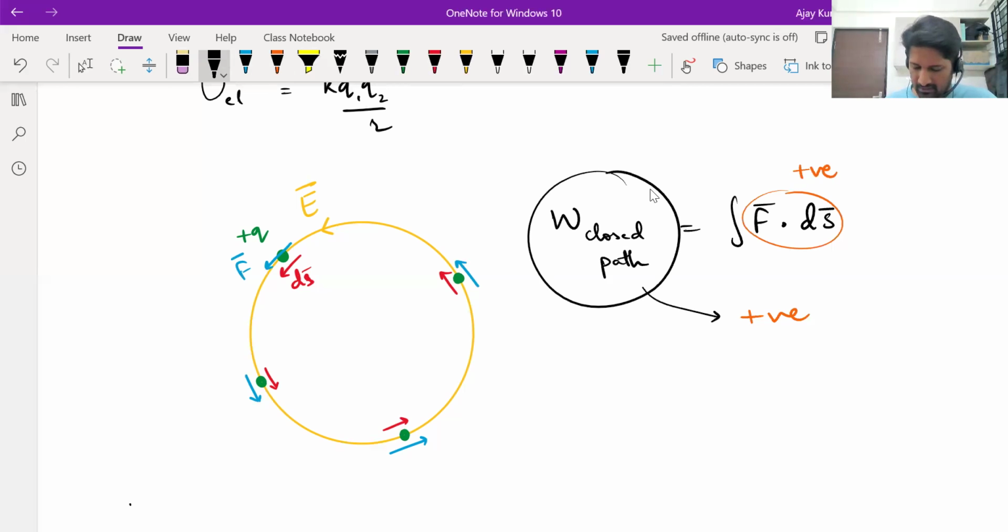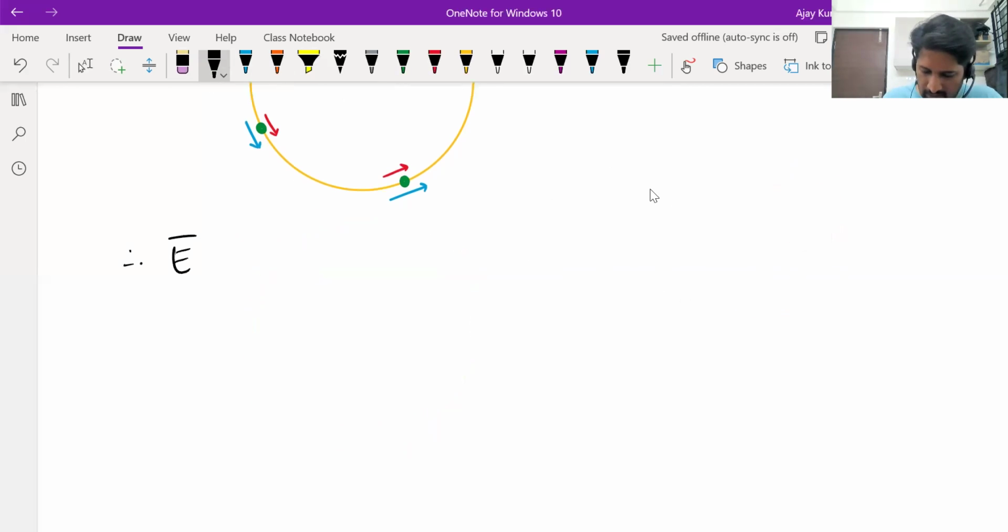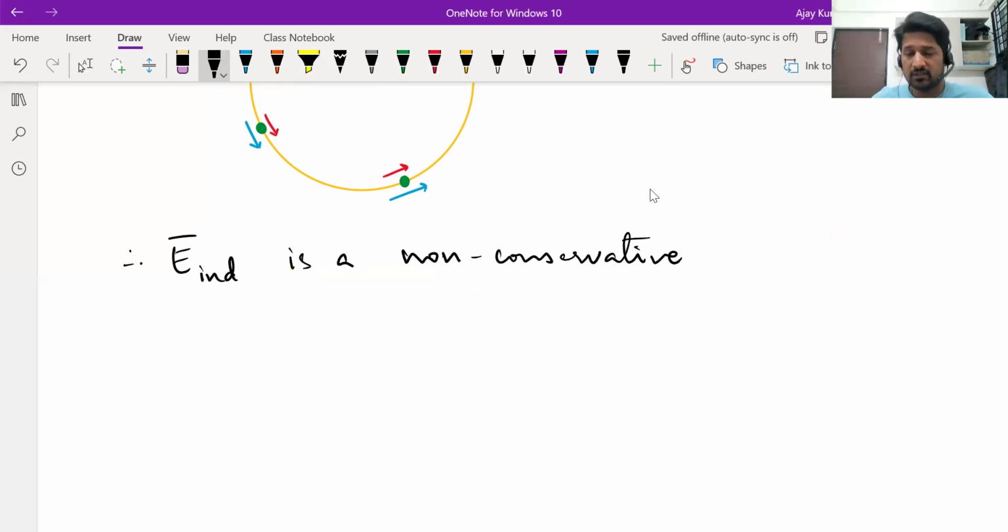Therefore, the induced electric field, E induced, is a non-conservative field. Had it been conservative, work done in a closed path would have been zero. Here it is definitely non-zero. And for non-conservative forces, you should not talk about potentials and potential energies.